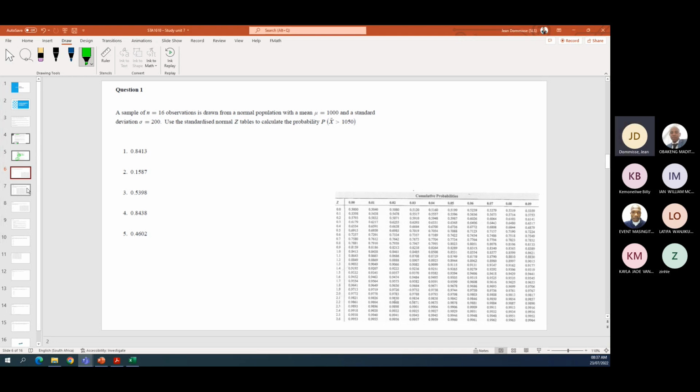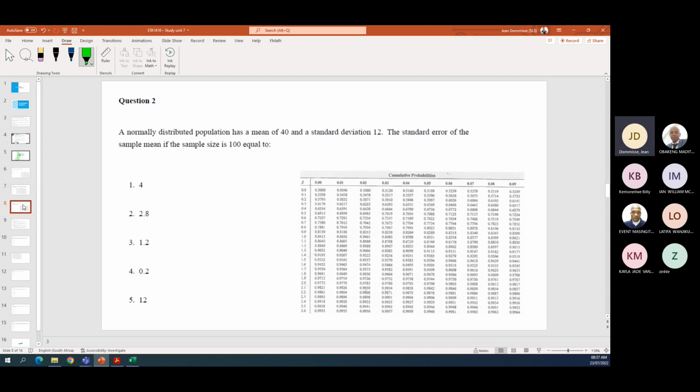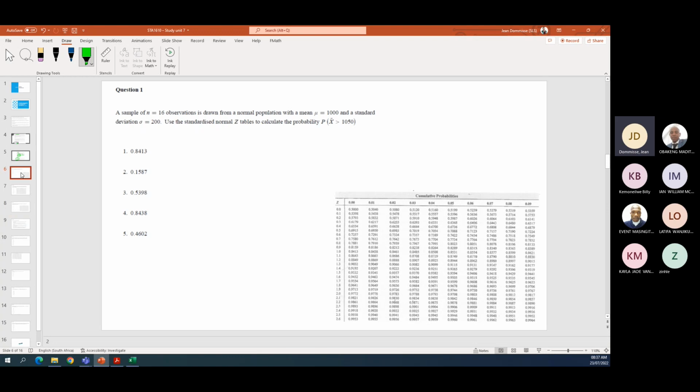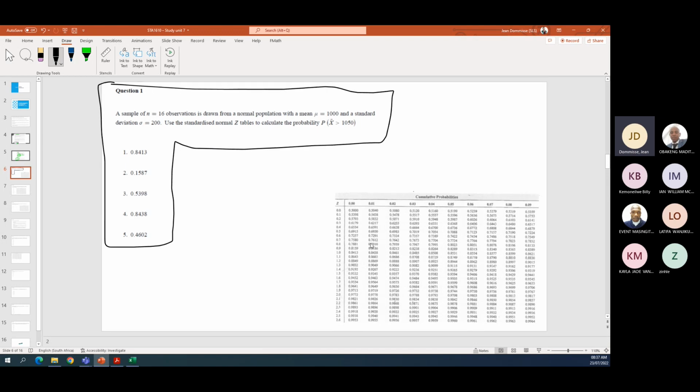Always, and I think I've done it in most of the questions, I have included the Z table. Obviously, when you get it, it will only be this question that you will see in your assignment or in your exam, and you will need to find the right table to work with. Okay, so let's see what we need to do.